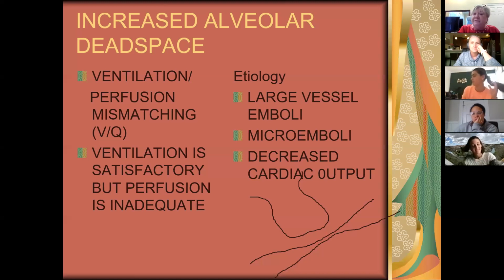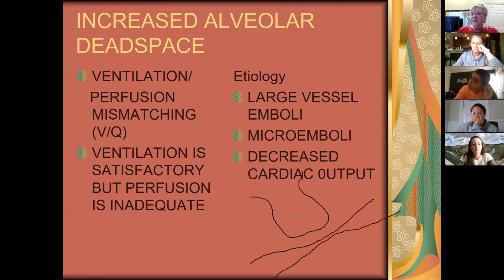So it's stuck down in the feet or down in the vena cava somewhere. So in increased alveolar dead space, people whose blood pressure has dropped are going to be hypoxic. People with clotting disorders, with clots going to the lungs, are at risk for hypoxia. Low blood pressure is hypoxic. Clotting disorders, hypoxic.